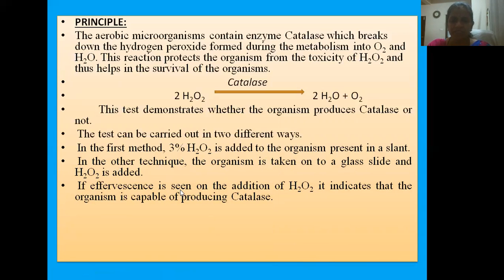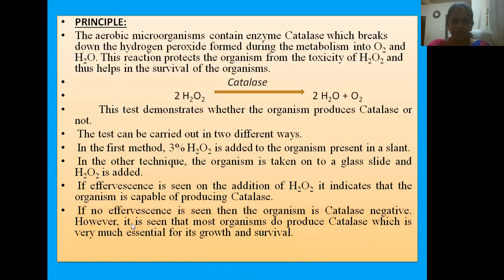If effervescence is seen on addition of hydrogen peroxide, it indicates the organism is capable of producing catalase. If no effervescence is seen, then the organism is catalase negative. However, most organisms do produce catalase, which is very essential for their growth and survival.